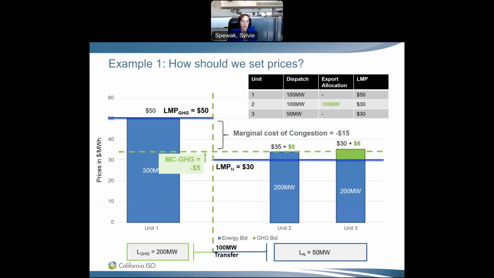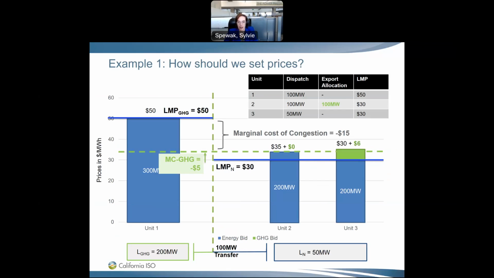We can similarly verify what the marginal cost of GHG is in this case, the way that we did in Chapter 3, where we look at this export allocation, which right now is 100 megawatts. If we reduce that to 99 megawatts, but we don't change the power balance constraint, that means we would need to meet 199 megawatts of load in the GHG area and 51 megawatts of load in the non-GHG area.